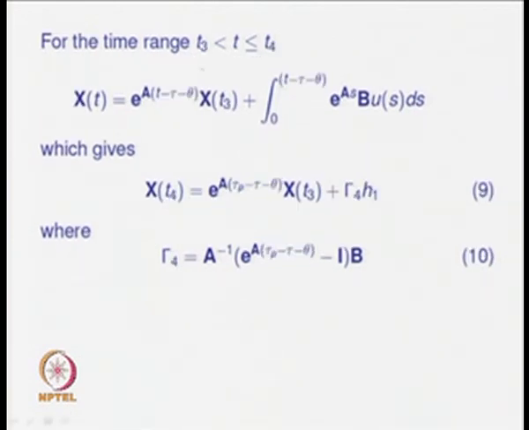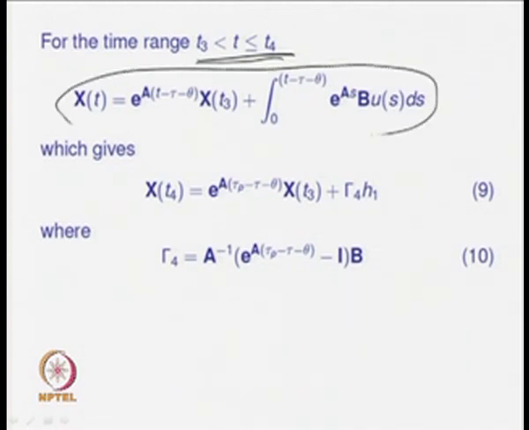And for the final segment, which starts from time t equal to t3 to time t equal to t4, the solution of the state equation is given by this, where x(t) is equal to e to the power A (t minus tau minus theta) x(t3) plus the integral from 0 to t minus tau minus theta of e to the power A s B u(s) ds. But u(s) is equal to h 1 for this case.